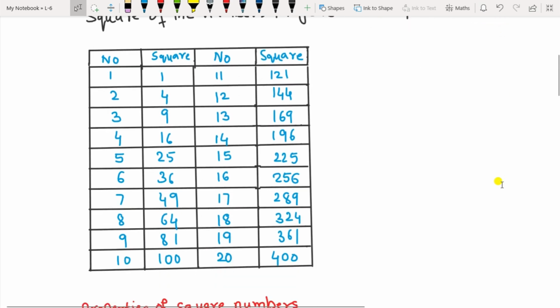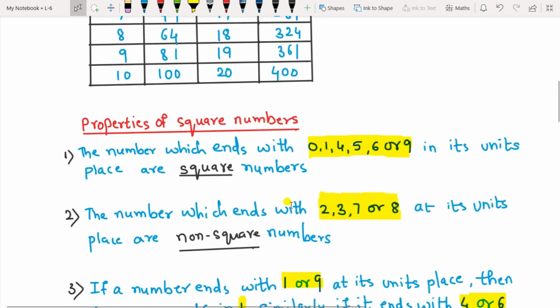Here I have written some of the squares from 1 to 20, and you have to learn them properly. Now let us see the properties of square numbers. Any number that ends with 0, 1, 4, 5, 6 or 9 in its units place can be a square number. What is the units place? That is the ones place. This place is called the units place.